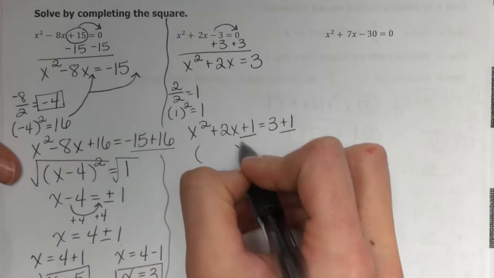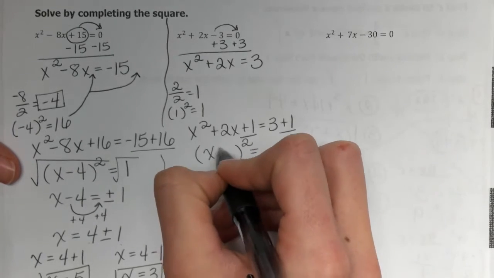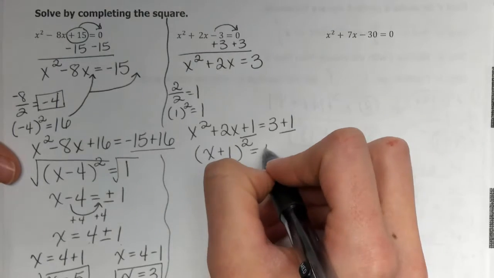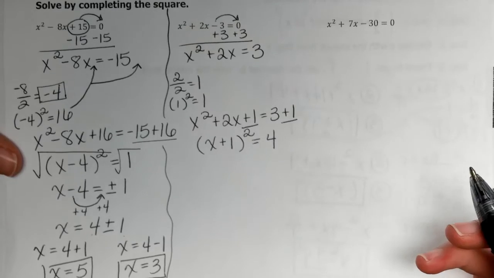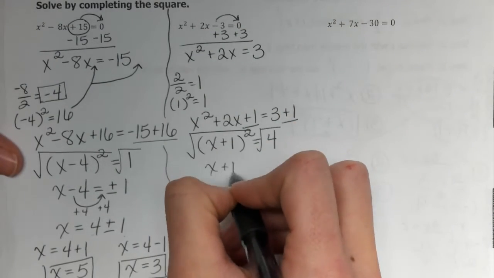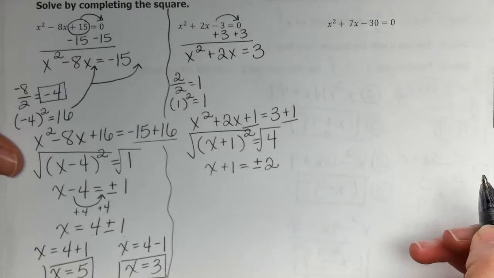Okay, factored form on the left is going to be my x plus 1 squared equals 4. Alright, take the square root. X plus 1 equals plus or minus 2.